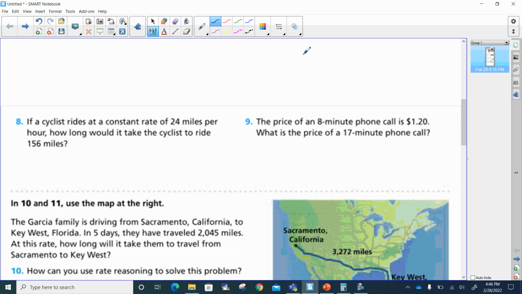I'm going to work this right up here. If I know that 1.2 is equal to 8, I could solve for 1. I could take this 1.2 and divide by 8. And I'm going to do it both ways so you can see.